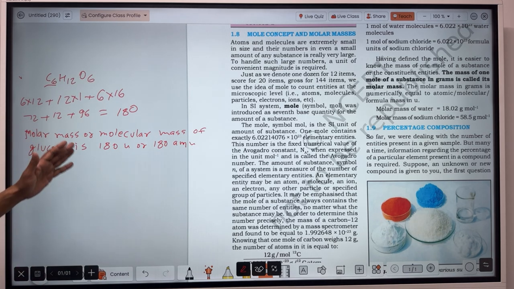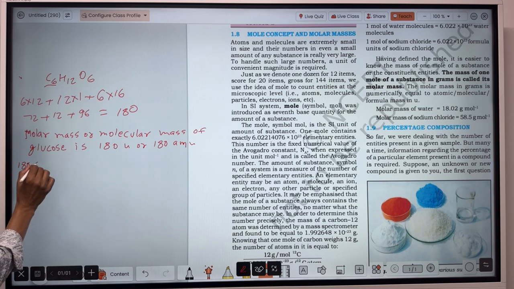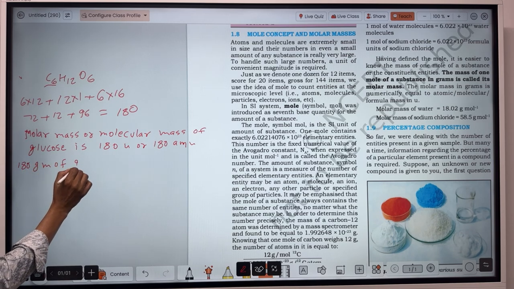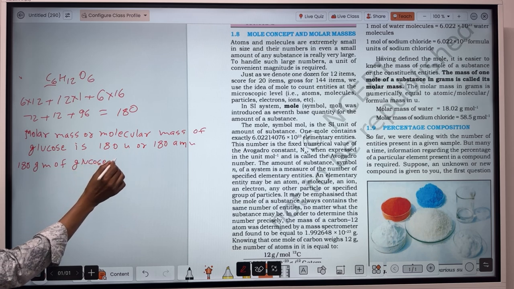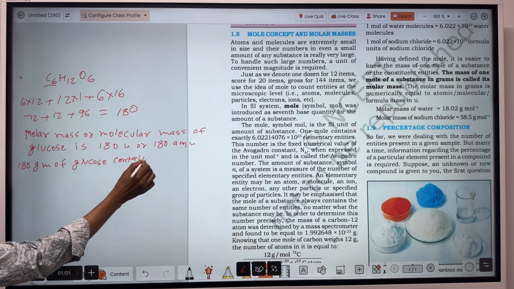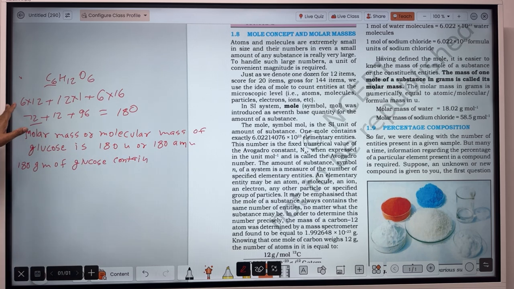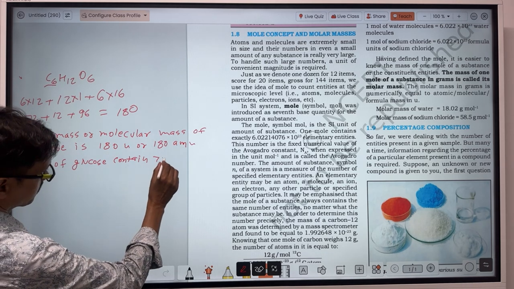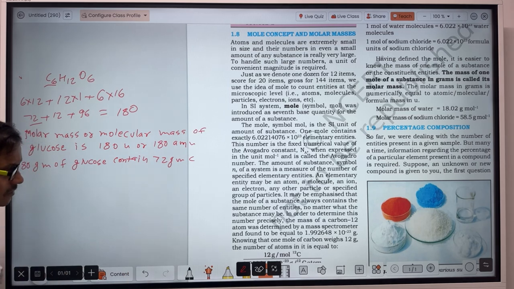Now first find out the percentage composition. So carbon, how much? 180 gram of glucose contains how much carbon? This is 72 gram, 6 into 12, 72. So it contains 72 gram carbon.